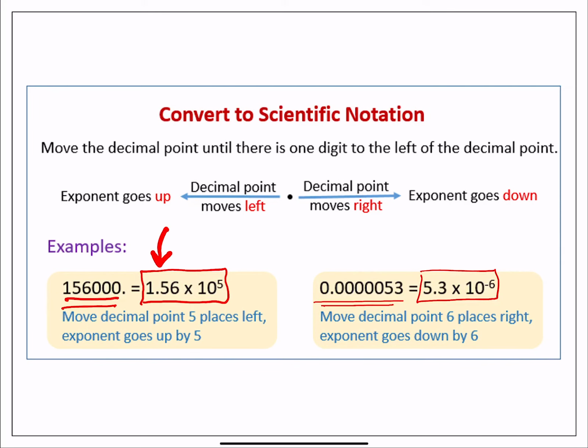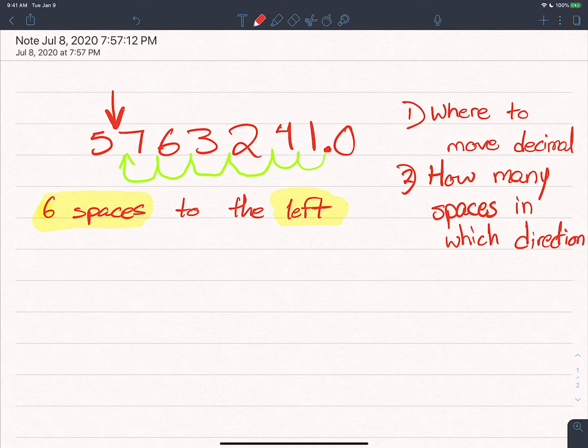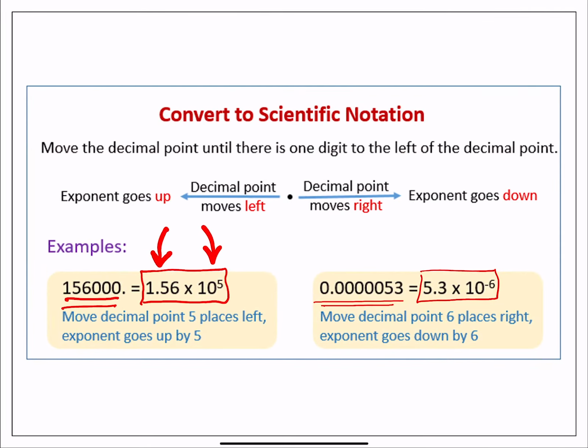There was this number part and this multiple of, not power of 10, not multiple of 10, power of 10 part, right? So those 2 things are important. So the 6 spaces tells us what the exponent on the 10 will be, and the to the left is telling us how many times to count the exponent up.